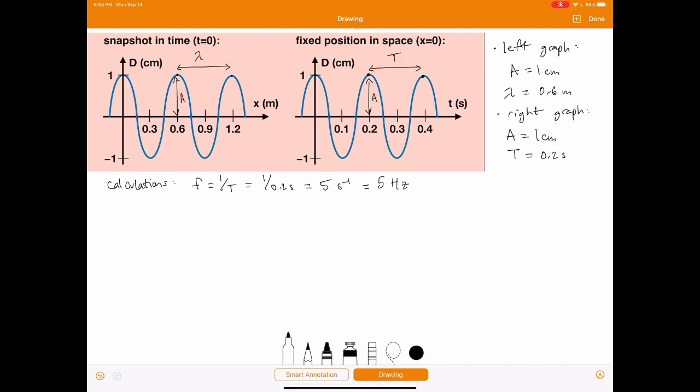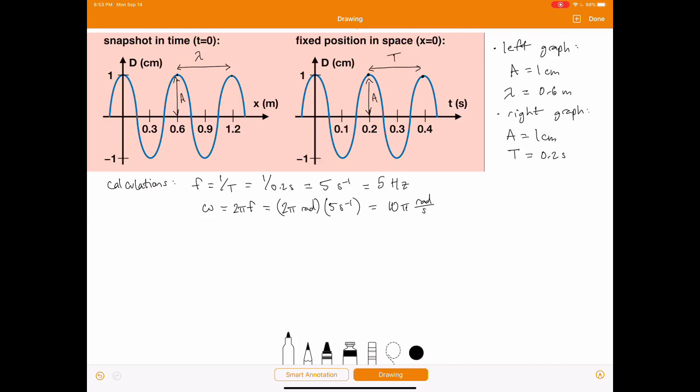That's the frequency. Now the angular frequency, omega, is 2 pi times f. So we're going to have 2 pi, implicitly we're talking radians here, times the frequency, 5 inverse seconds. So that's 10 pi radians per second.